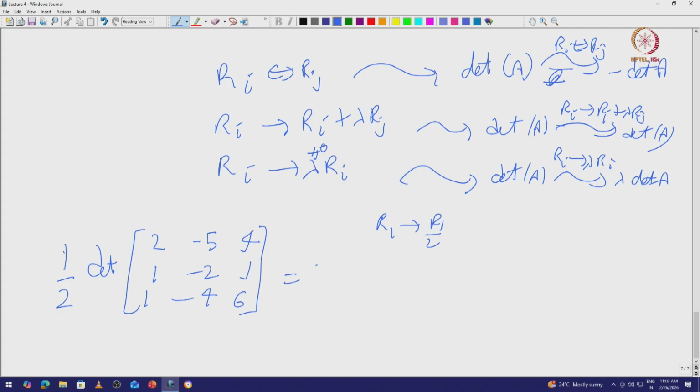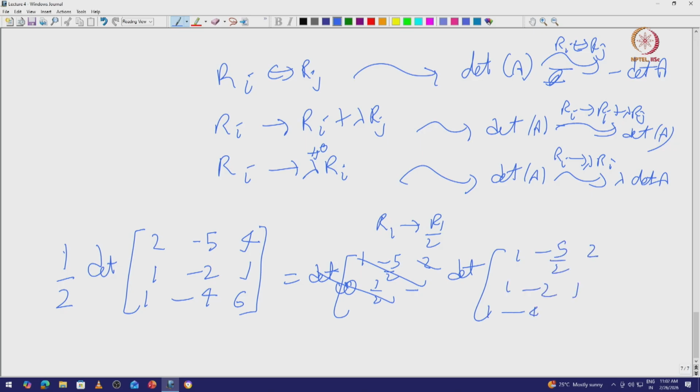So this is the determinant of the new matrix, by simply scaling the first row. I'm not doing any other operations yet.